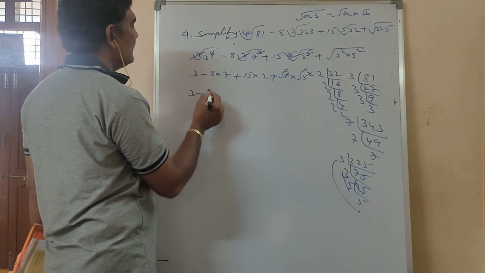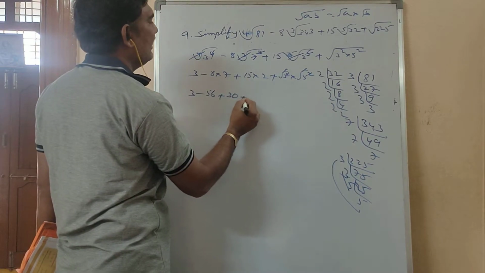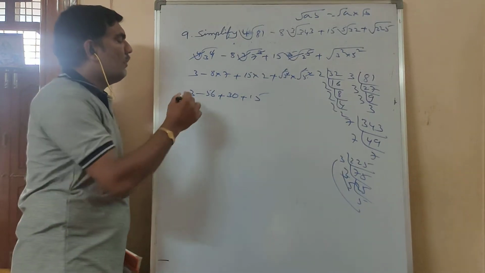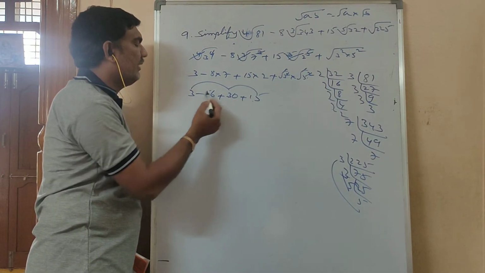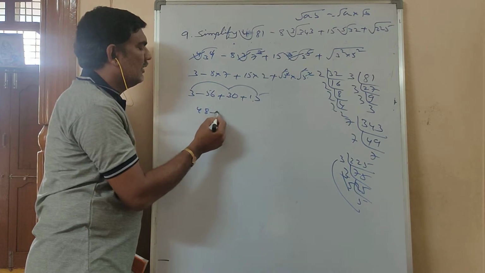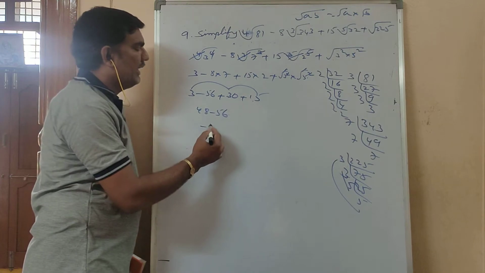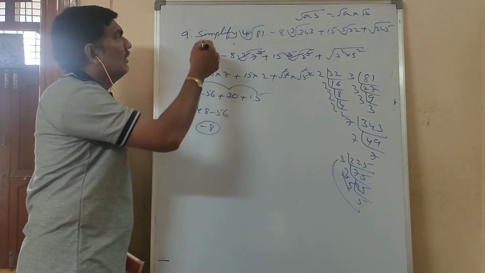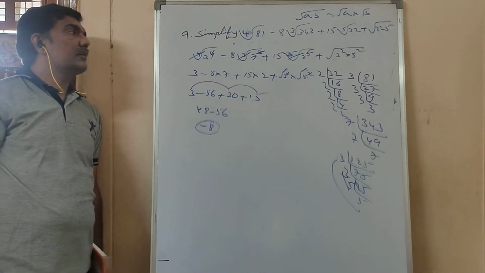Now 3 as it is, 8 sevens are 56, 15 twos are 30, 3 fives are 15. All the plus numbers add: 30 plus 15 is 45, plus 3 is 48. 48 minus 56 is minus 8. So if you simplify this, you get the answer as minus 8.